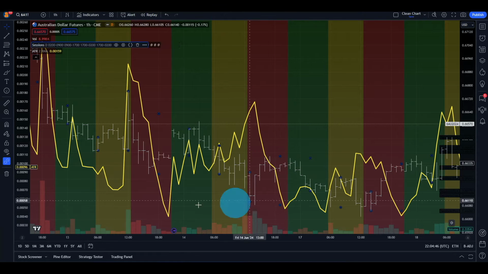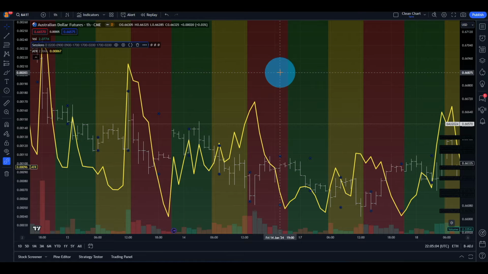So going back to our chart, the white candles are the price, and the yellow curve is the ATR of 2 days. And then at the bottom, we can see the volume. So immediately I can see in the volume that usually the last hour in the European session and the first hour in the US session has a spike in volatility.